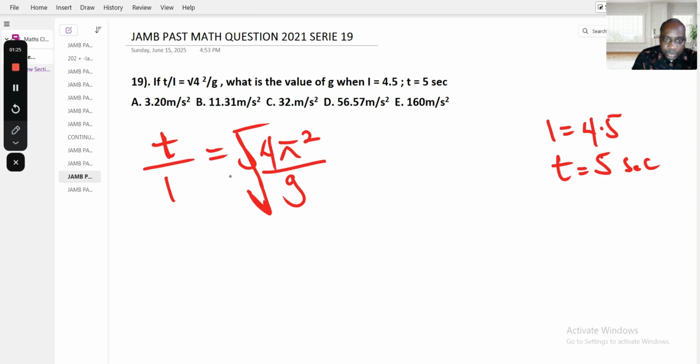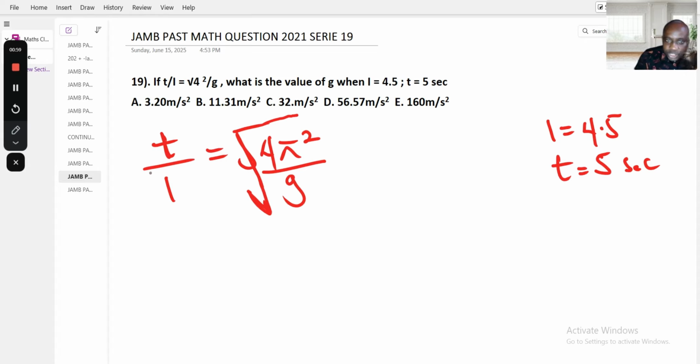Now let's apply it. Let's substitute. What is the square root? If you look at this, square root of 4 is 2. Square root of theta 2. Square root of pi is going to give us pi because it's already raised power 2, and the square root is under it. By the time we open the square root, it's going to be single pi.